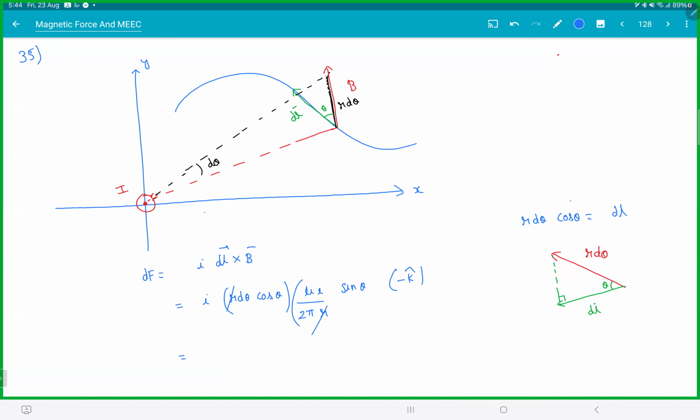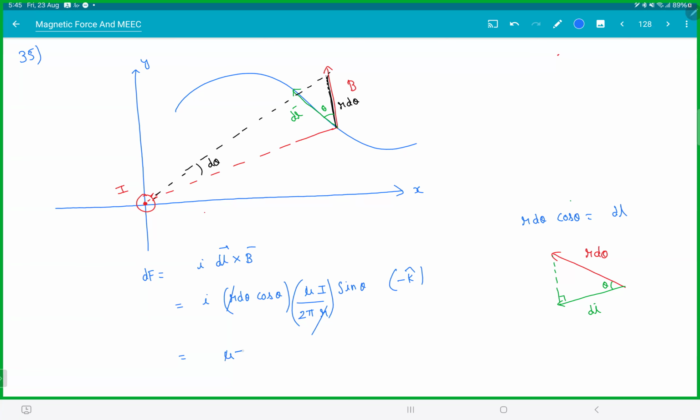This is capital I. I don't know why I'm getting a weird feeling this might be wrong. Hmm, looks fine.